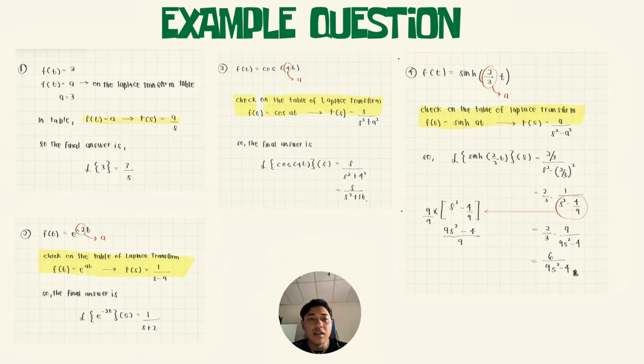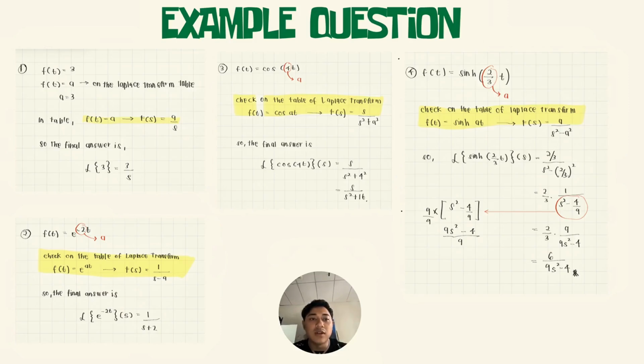So a is 4. On the table we can use s over s squared plus a squared. So the final answer in this equation is s over s squared plus 16.